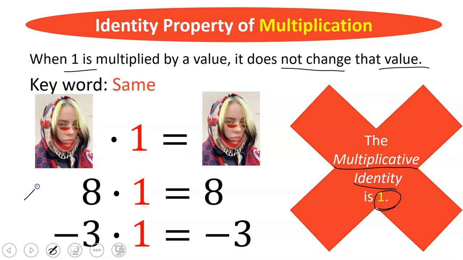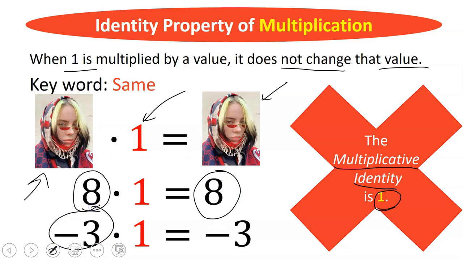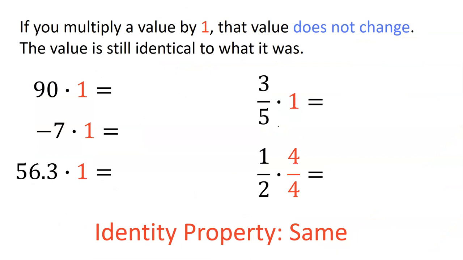So here's the silly example. Billie Eilish multiplied by 1, you still have Billie Eilish. So her identity did not change. Just like 8 multiplied by 1 is still 8, and -3 times 1 is still -3. So the key word here is same. It does not change, the value stays the same.